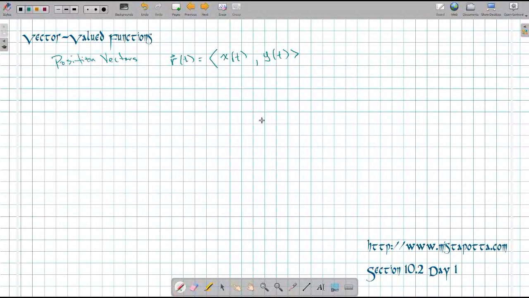In other words, the vector actually changes. My vector is going to start here, and as t increases, my vector may get longer or shorter. But in essence, what's happening is I'm describing a path that this vector is taking.